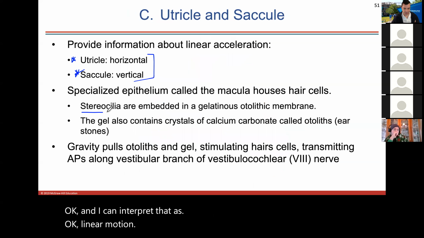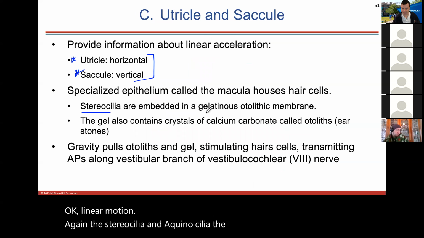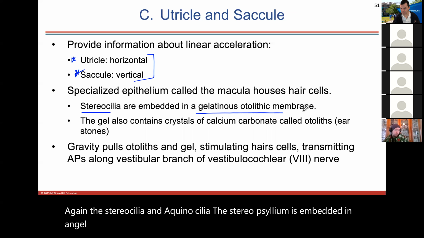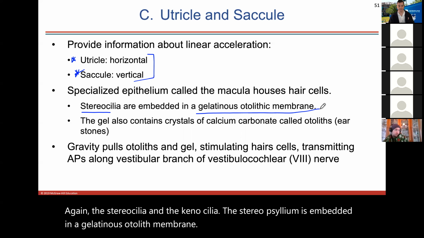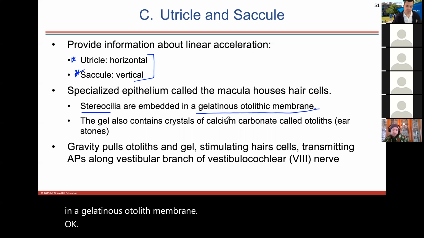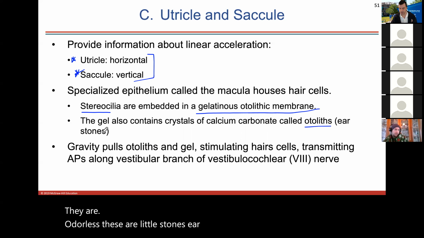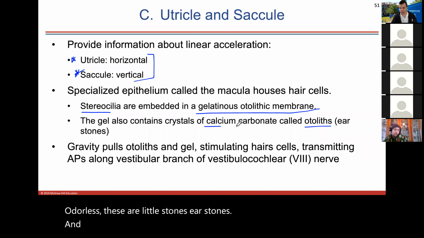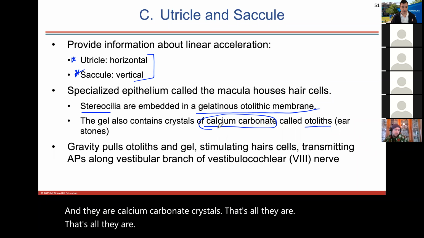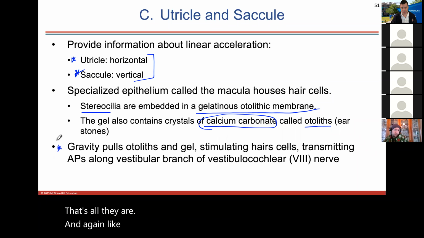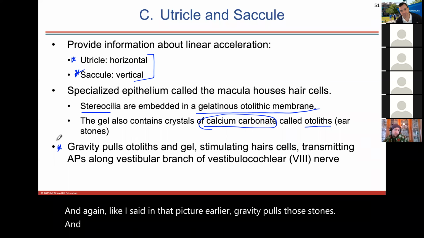Again, the stereocilia and the kinocilium. The stereocilia are embedded in a gelatinous otolithic membrane. They are otoliths, little stones, ear stones, and they are calcium carbonate crystals. That's all they are. Like I said in that picture earlier, gravity pulls those stones and that moves the gel.